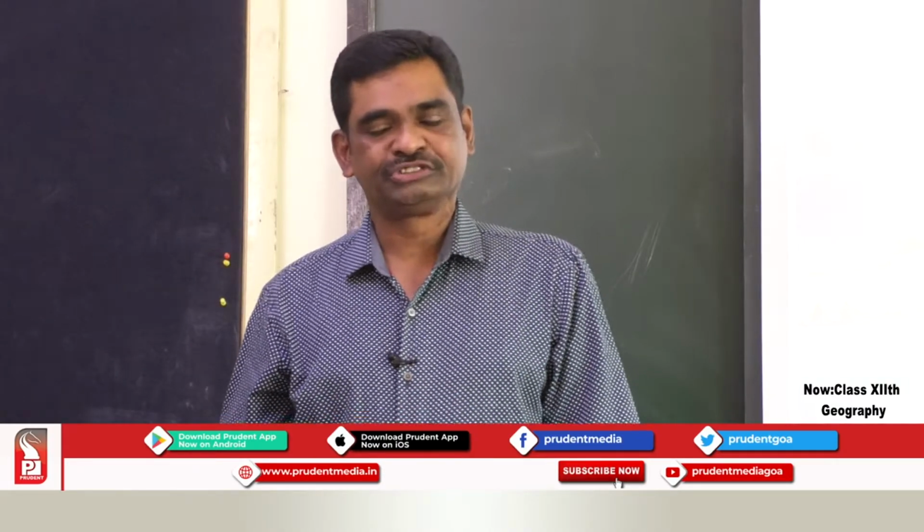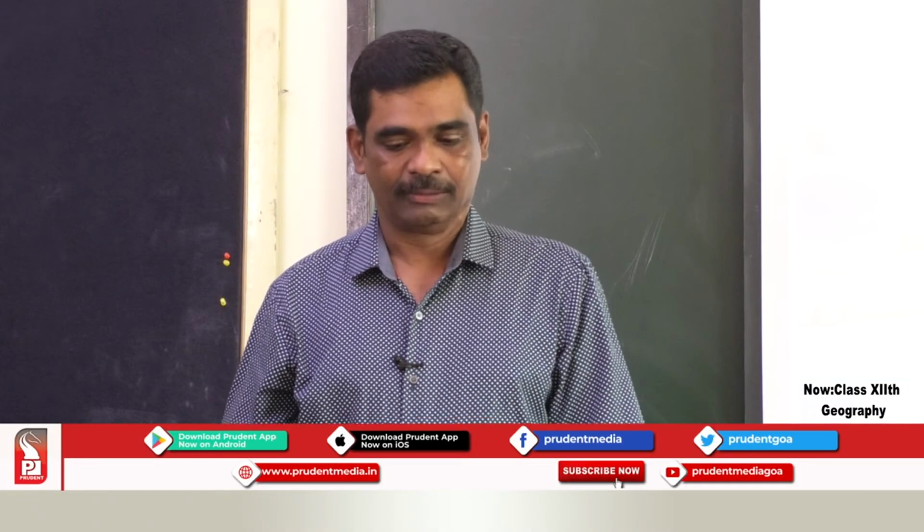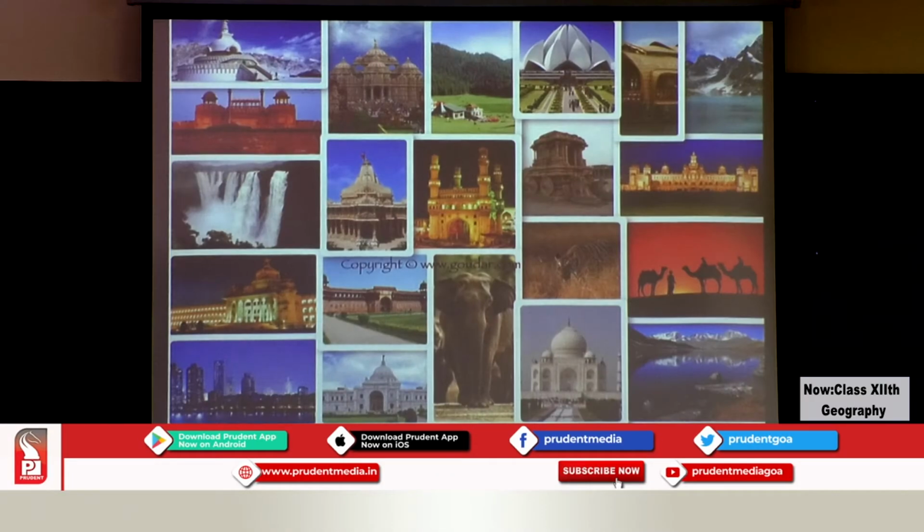Now, this is the picture of tourist destinations in India. You can see here, some of these tourist destinations are based on landscape, nature, beautiful topography. Some are based on climate, like waterfalls and snowfall areas. Some are based on art and culture. You can see here, Charminar, then the Bahai temple, the place from Hampi, then desert, okay?